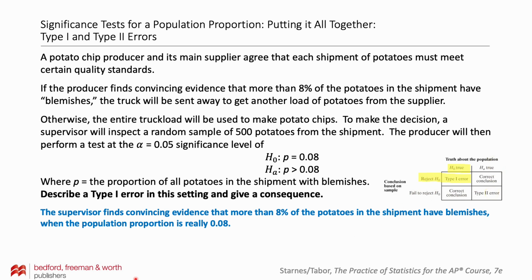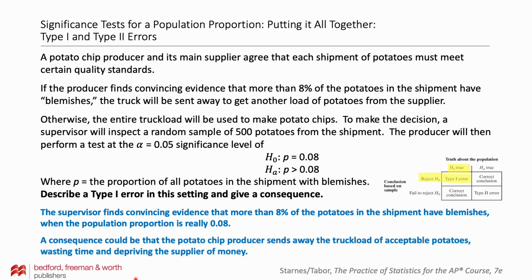That's a type 1 error. And a consequence could be that the potato chip producer sends away the truckload of acceptable potatoes, wasting time and depriving the supplier of money, so he's wasting precious time that he could be spending continuing to receive truckloads of potatoes from other suppliers.